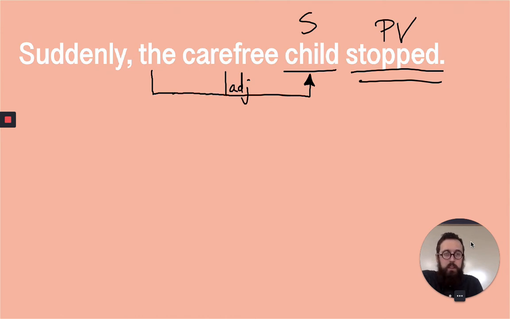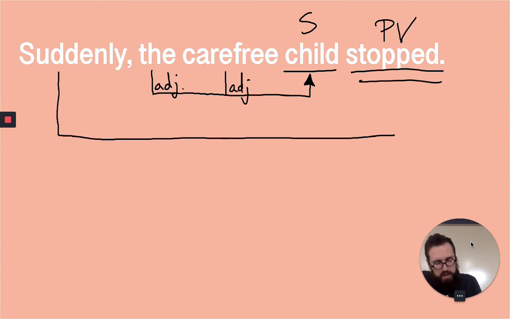It goes to the child. So that is also an adjective. And then suddenly tells me when. When did it stop? Suddenly. Or how did it stop, really? Suddenly. So I'm going to loop my bracket around the adjectives and do an adverb bracket. I'm going to go underneath the other bracket.